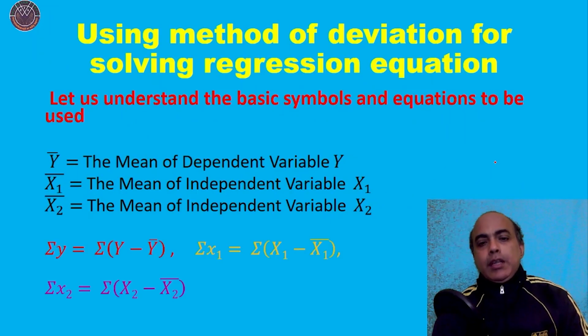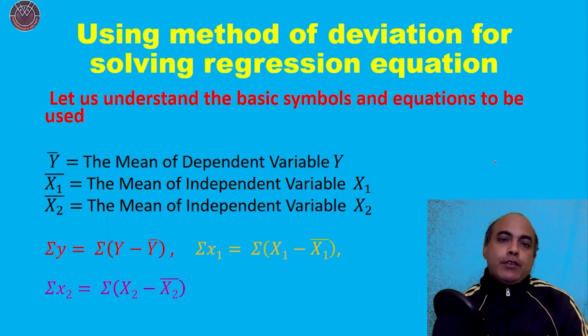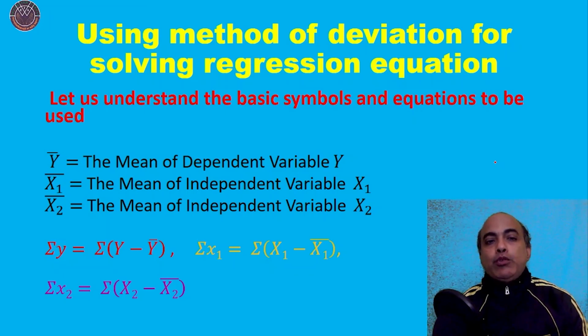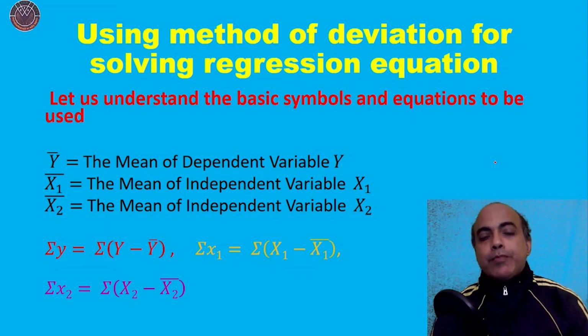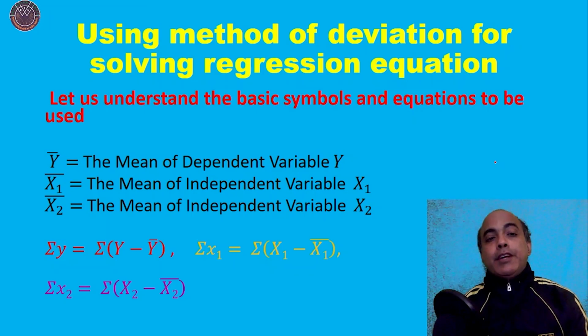In this video, as I told you, I will be demonstrating a problem based on two independent variables. By using two independent variables, we have to predict the value of y, the dependent variable. You have already understood how to get the multiple regression equation when one independent variable is there.